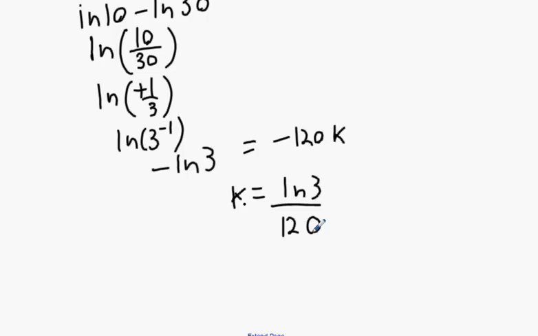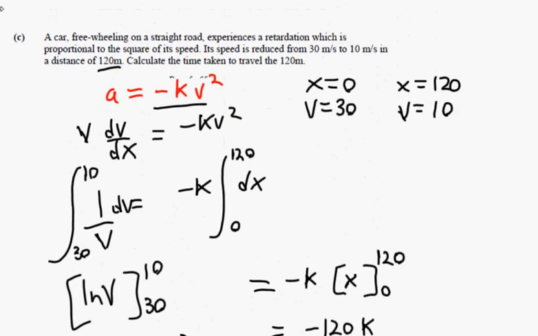Now, what we're dealing with next is time, okay? So t equals 0 and t equals t. That's what we're trying to find out. What is that other t value that we don't know?